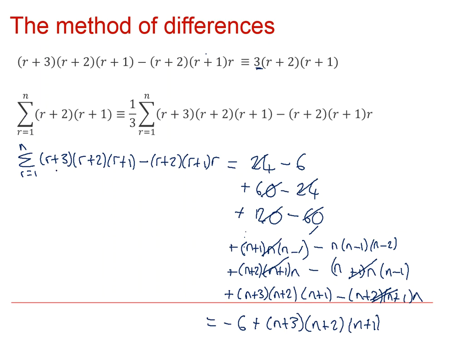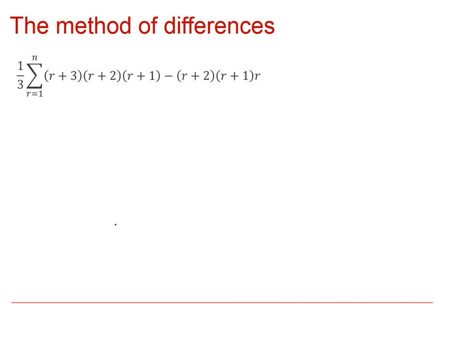But remember, all I've done here is find the sum from 1 to n. I need a third of this to be my actual solution. So I've got a third of minus 6 plus n plus 3, n plus 2, n plus 1.